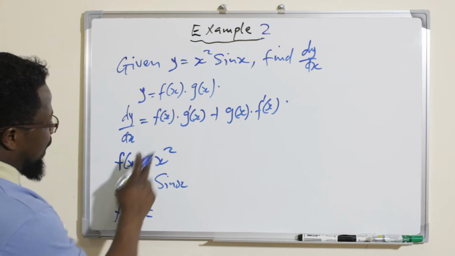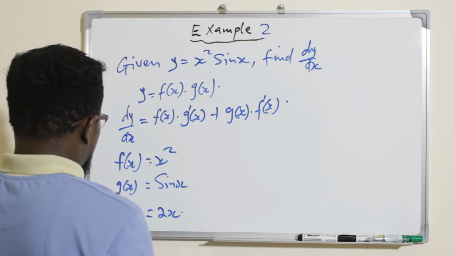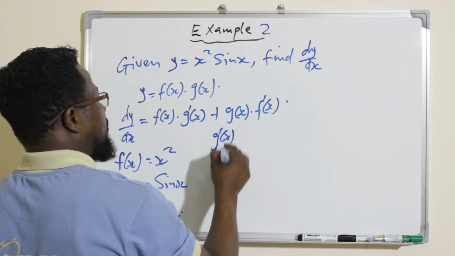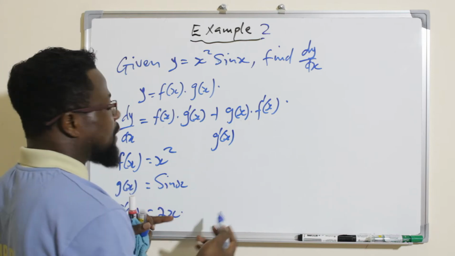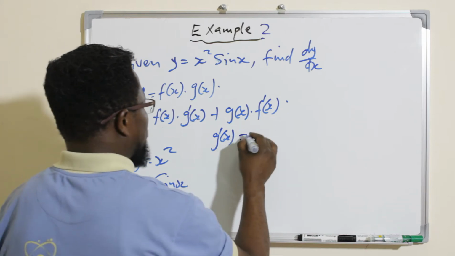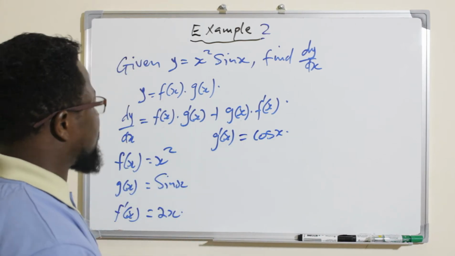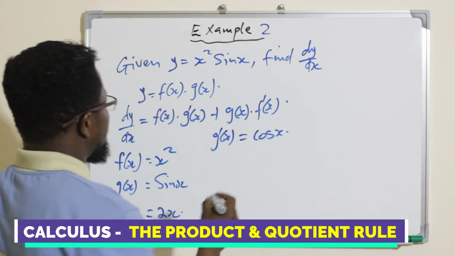My f prime of x in this case is going to be 2x. And what is going to be your g prime of x? Remember, this is a trig function, sine. If you take the derivative of that, we should have positive cos. So that's going to give us cos x.